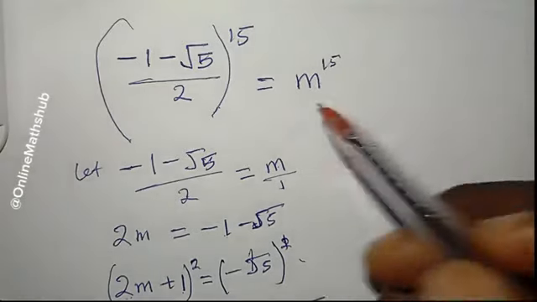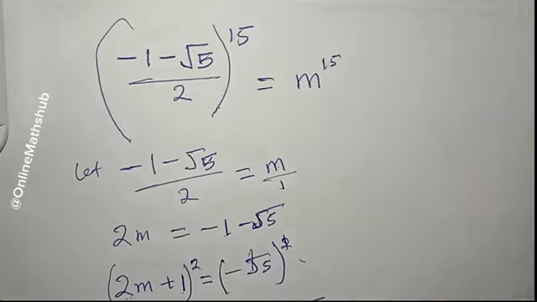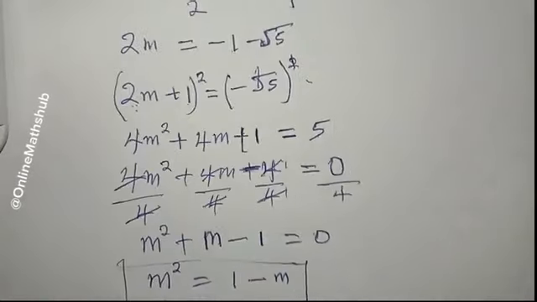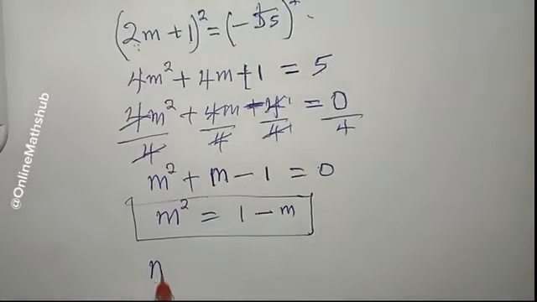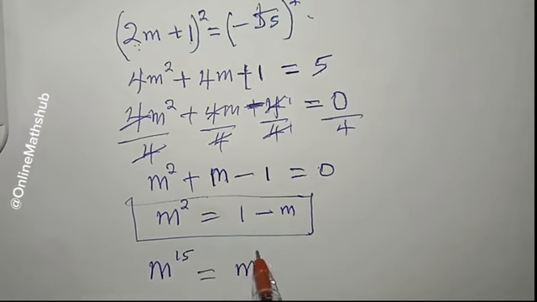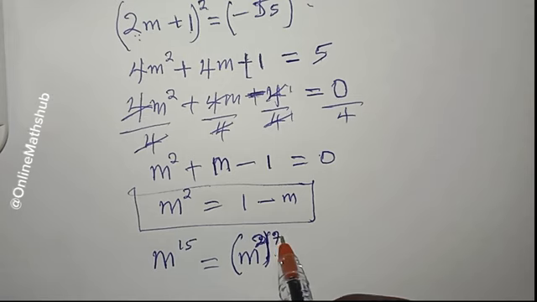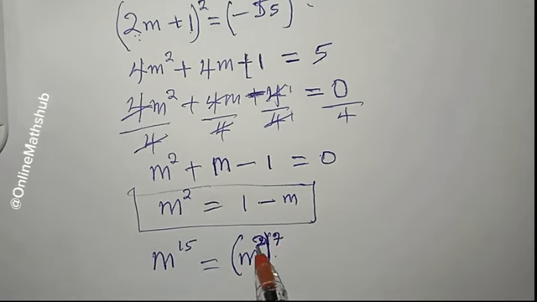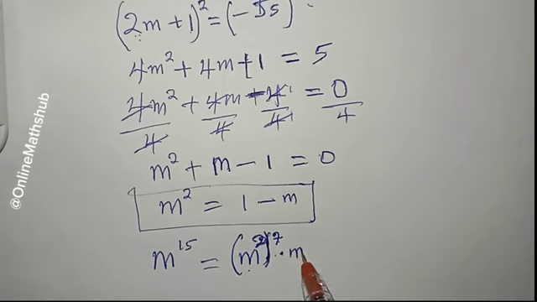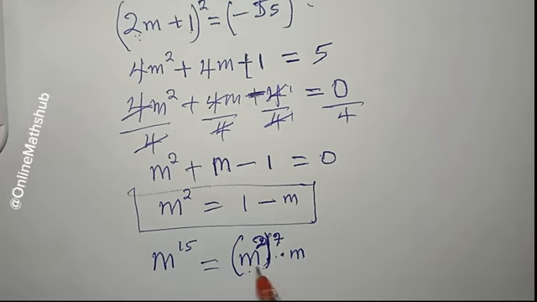For the remaining part of the video, I'm going to keep simplifying this m power 15. We can write m power 15 as (m power 2) raised to power 7. When you multiply 2 by 7, it gives you 14, so it's actually remaining 1 m. So I multiply this by m, so that with the rule of indices, adding all of the powers gives back m power 15.